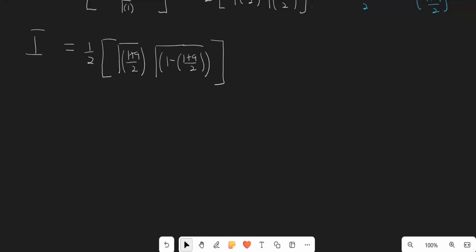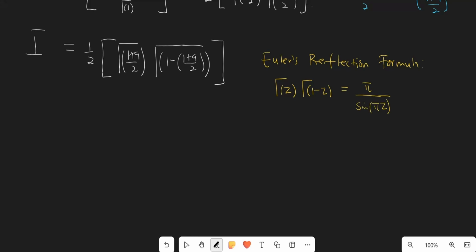So this is what we have. And now we have to compare this to Euler's reflection formula. The Euler's reflection formula states that if we have the gamma of, let's say, a number z times the gamma of 1 minus z, this is the same as pi all over sine of pi times z, right?